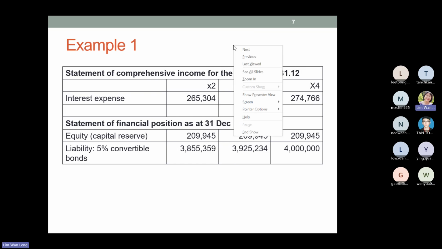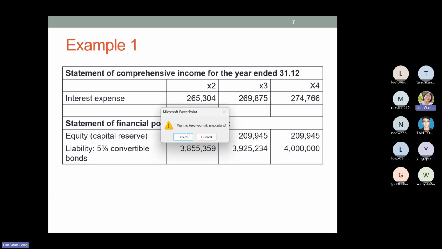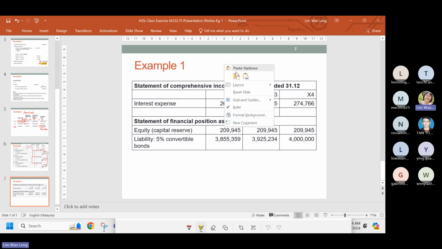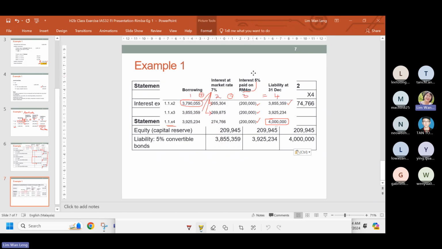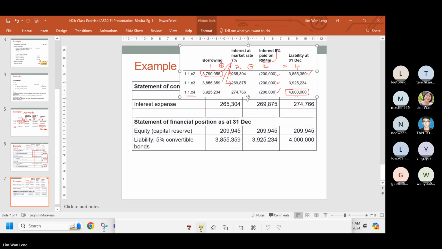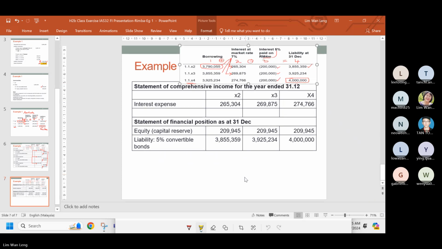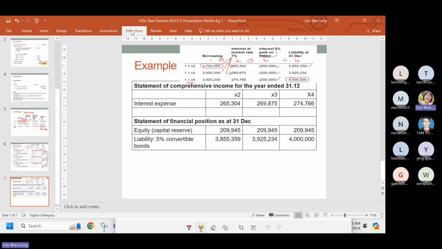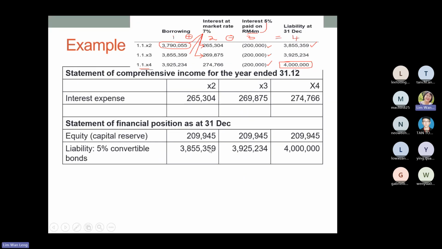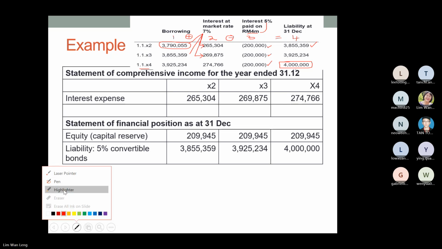Which means that over here is still the same. We can just paste it again. So where the figures come from, also from the amortization table. So this is the extract to go to the SOPL. Extract to go to the SOPL will come from column number 2.